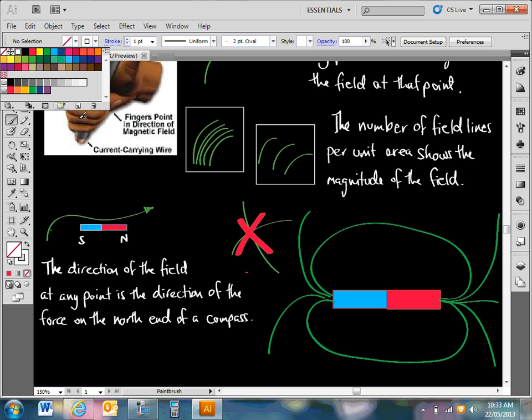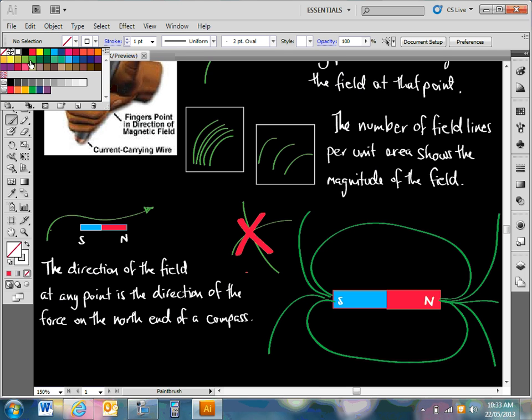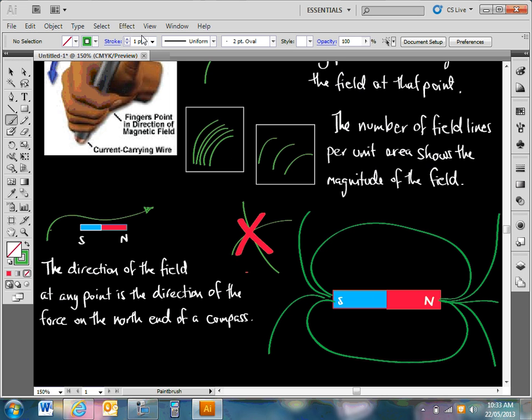If I know the north end of the magnet and the south end of the magnet, I always think of it this way: the magnetic field inside the magnet has direction from south to north.